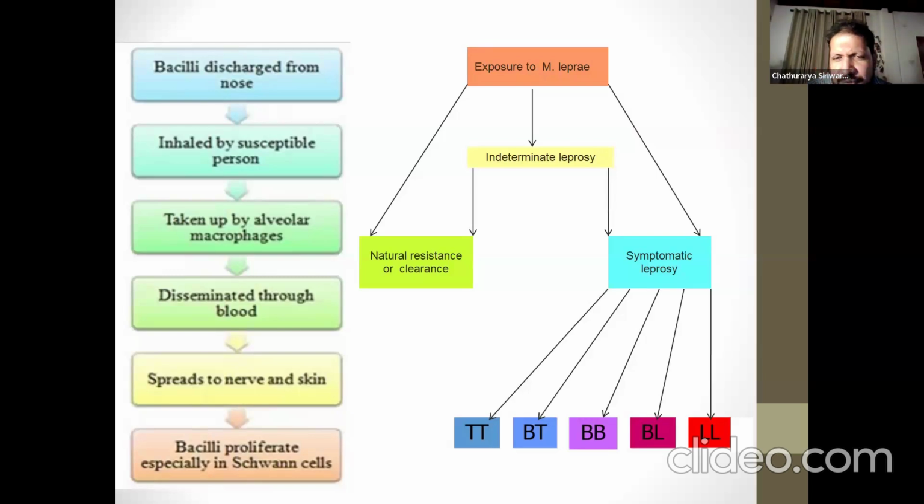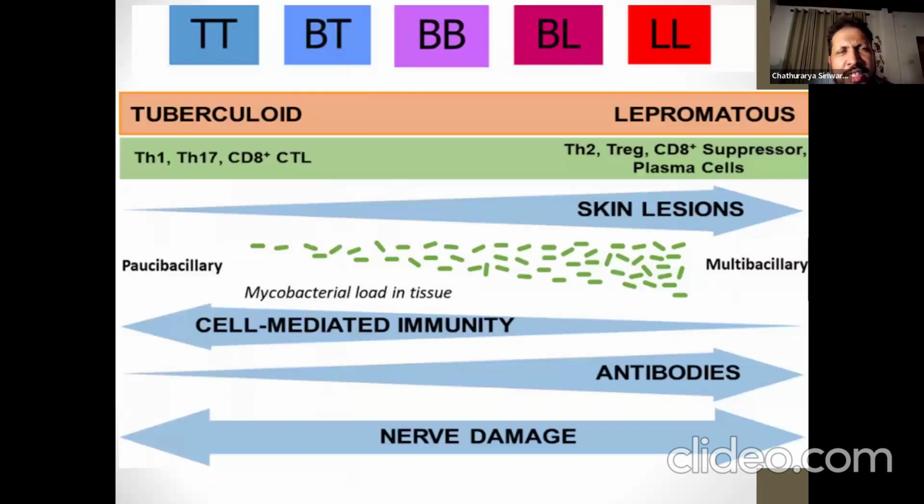And at the other end, we have lepromatous leprosy, where we have a poor cell-mediated response and a good antibody response, or a humoral response, which is not effective. So tuberculoid leprosy is more like a localized disease, whereas lepromatous leprosy is a systemic disease. And in between the spectrum, you have mid-borderline, and between tuberculoid and mid-borderline, you have borderline tuberculoid. And between mid-borderline and lepromatous, you have the borderline lepromatous.